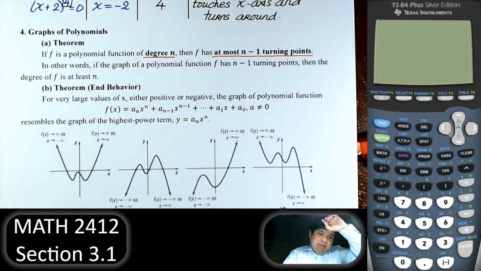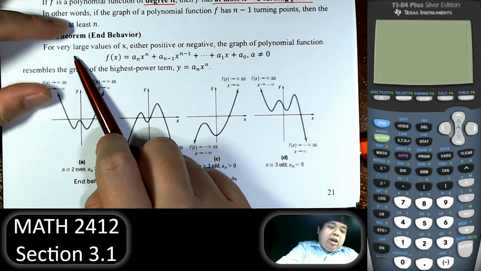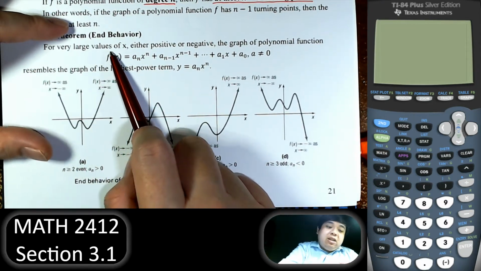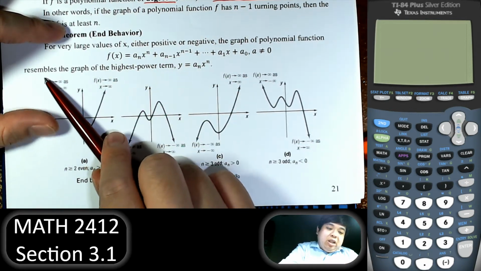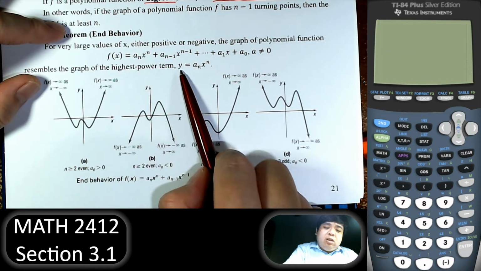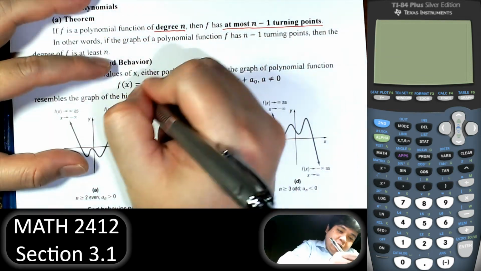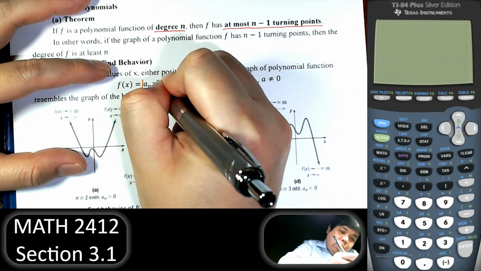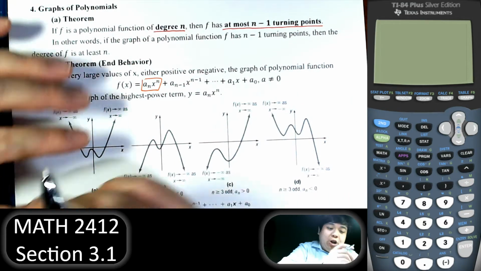Now the end behavior. For very large values of x, either positive or negative, the graph of the polynomial function resembles the graph of the highest power term. So what it means is only the one with the highest power term matters when x gets very large or very small.